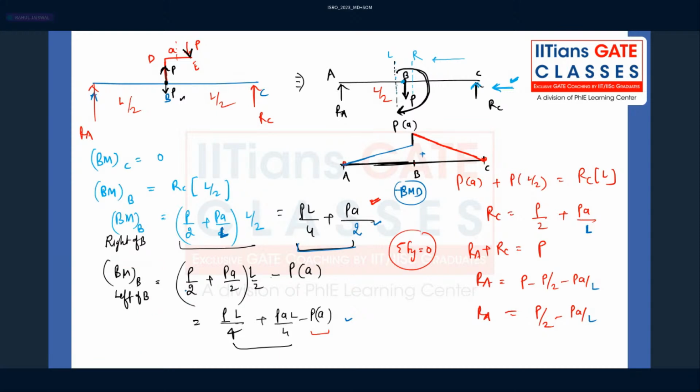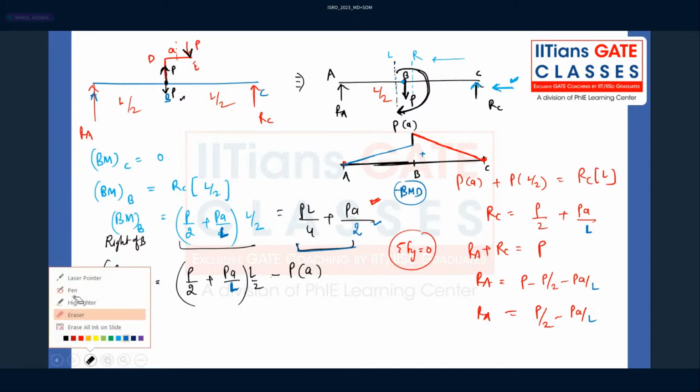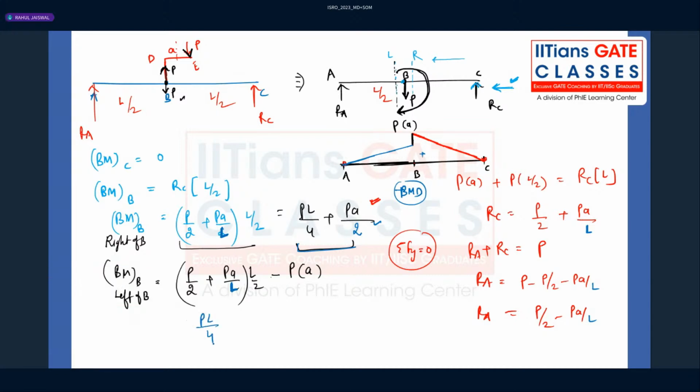Now, here also we have PA by L. So here we can just calculate. You will be getting the answer as what? PL by 4 plus PA by 2 minus PA. So PL by 4 minus PA by 2.